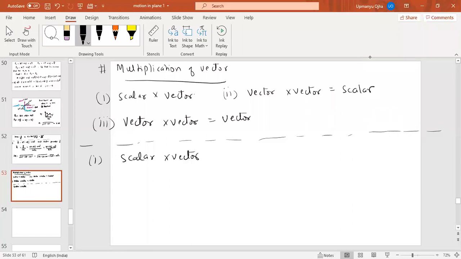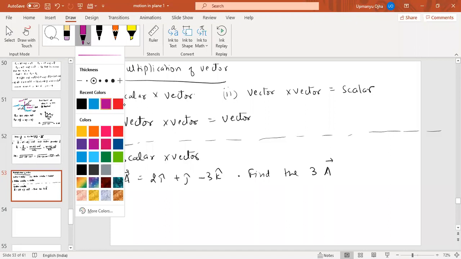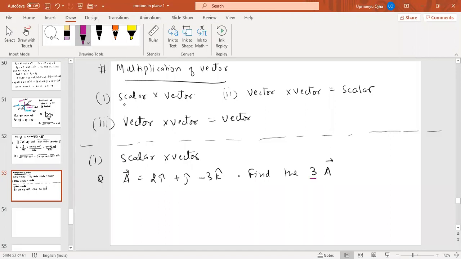For this, just take one example here. Let us suppose that a vector is given by 2i cap plus j cap minus 3k cap. Find the value of 3a. Just carefully observe this. 3 is a scalar, meaning magnitude, and a is the vector here.